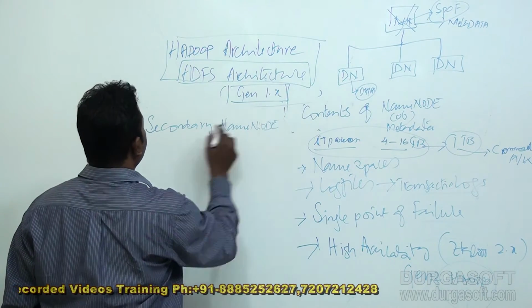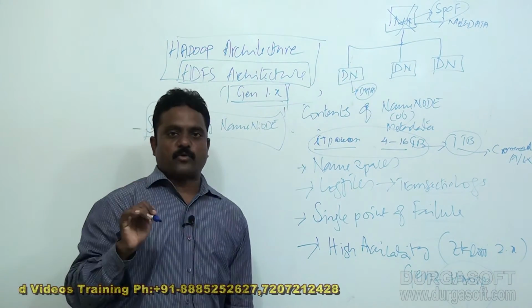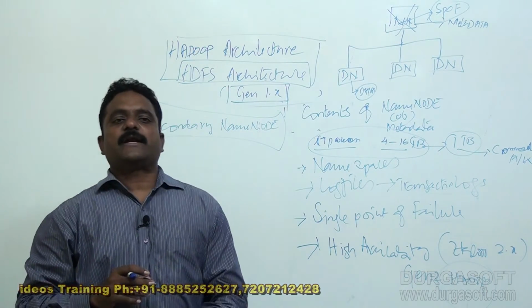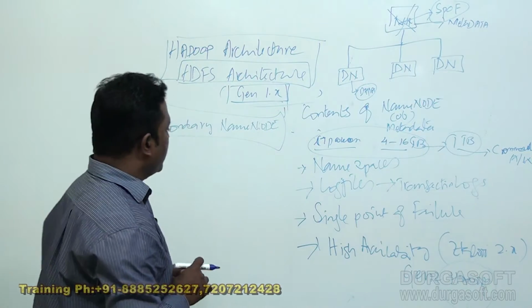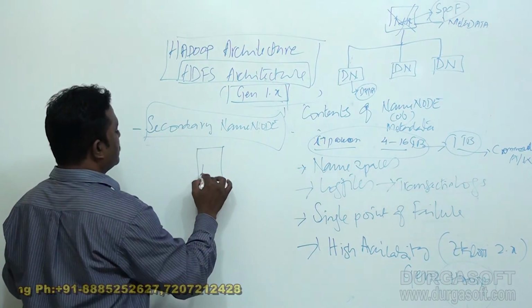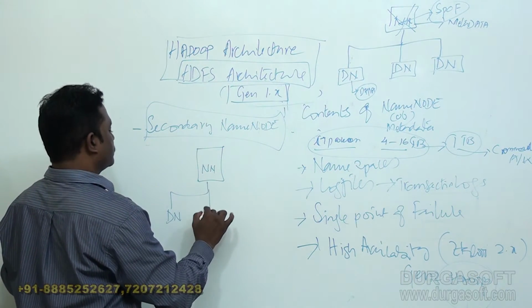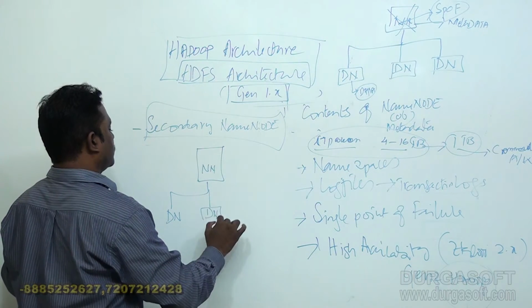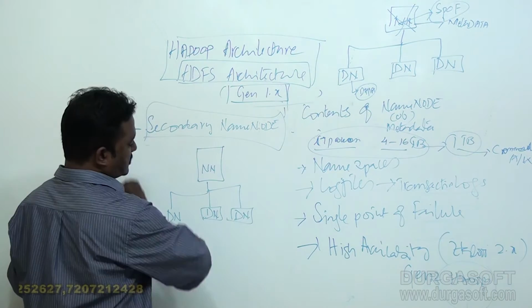Now this name node, we consider it as a name node. Again, we don't call it a name node, we call it a secondary name node. Now what is the role of the secondary name node? Let us draw a diagram to understand this. This is my name node and these are my data nodes, connected to one single system, which is called the name node.